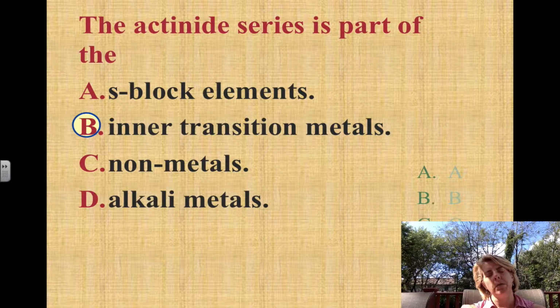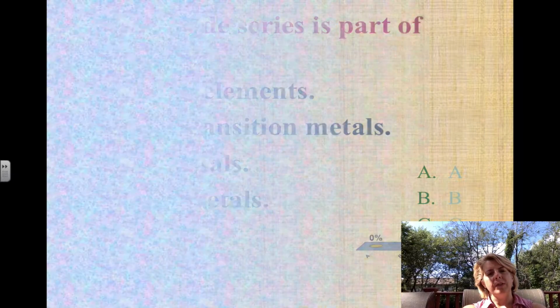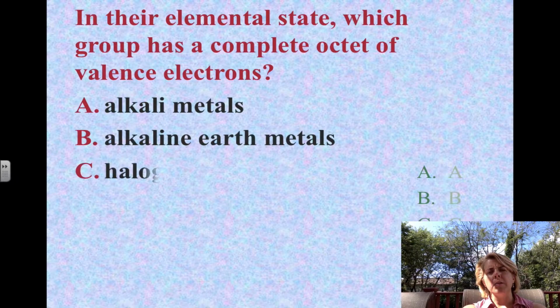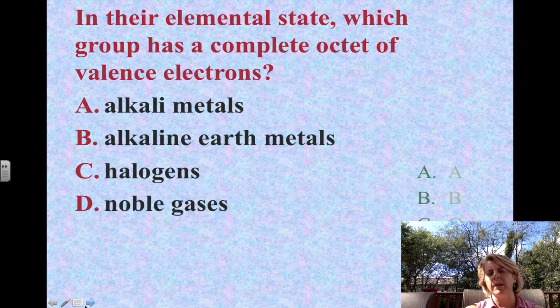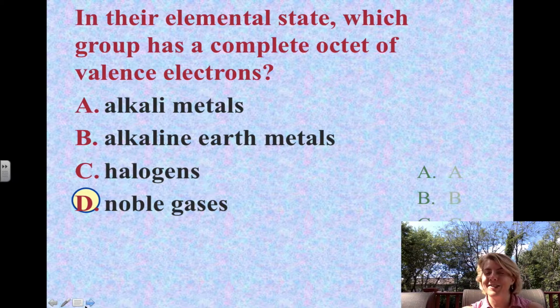Okay, for the element state, which group has the complete octet of valence electrons? Is it alkali, alkaline earth, halogens, or noble gases? Okay, noble gases, we just talked about that.